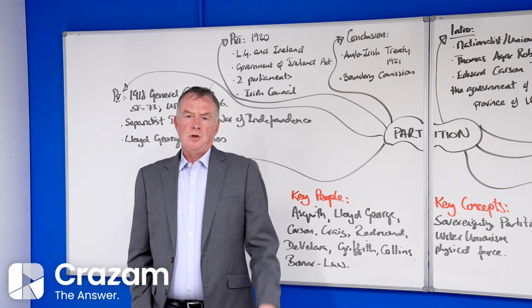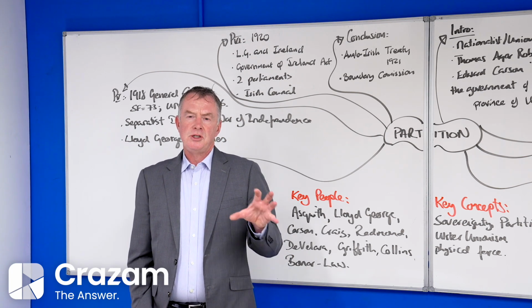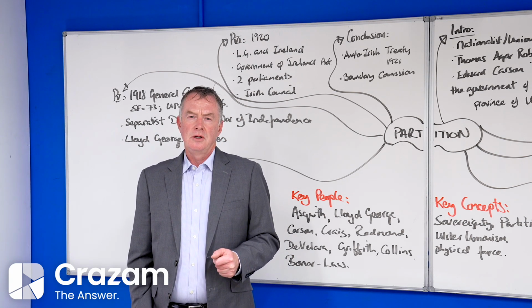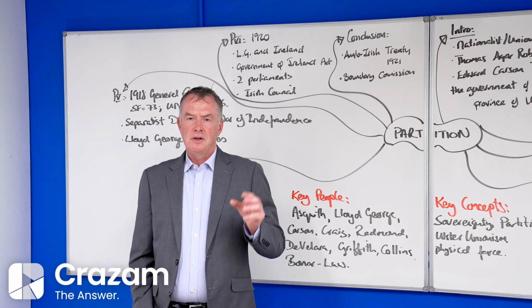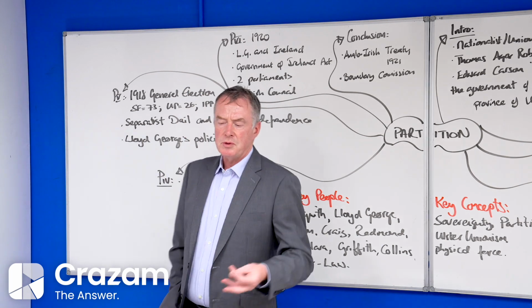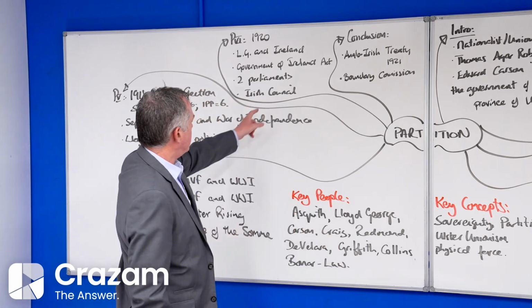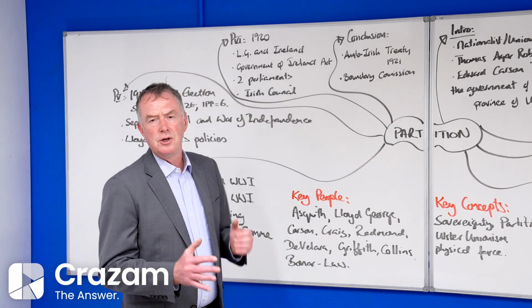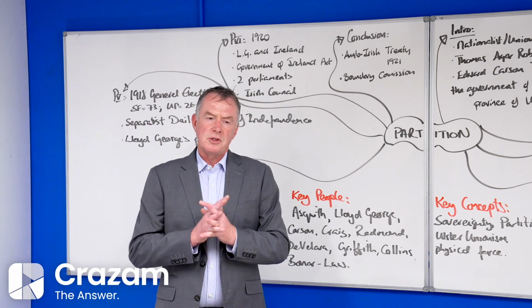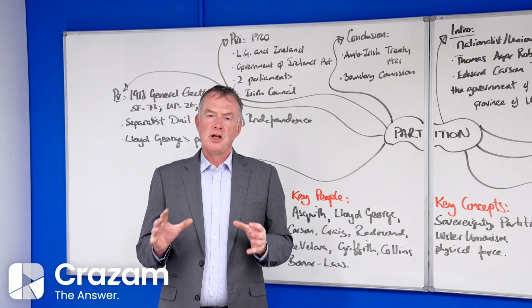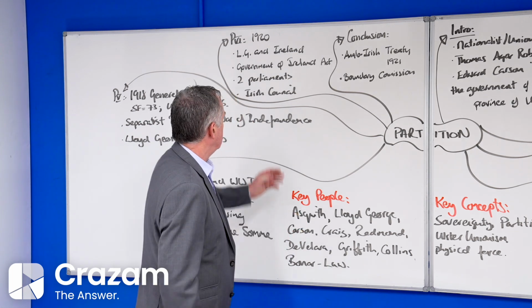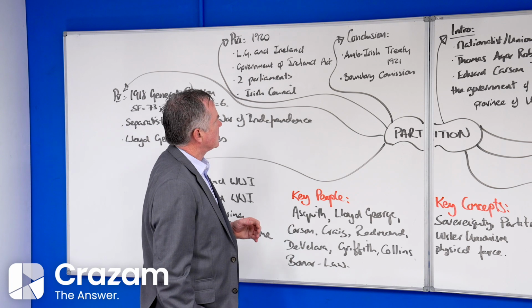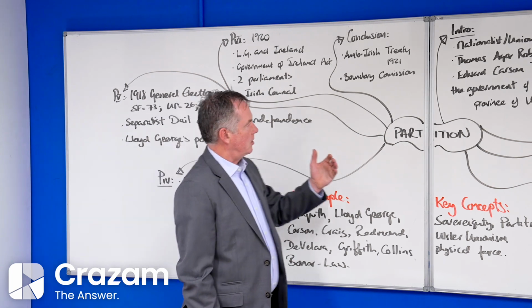It gives home rule to Dublin and a 26 county Ireland, and it gives home rule to Belfast, 6 counties. So it creates 2 parliaments, and it creates also an Irish Council for cooperation between the Northern Parliament and the Southern Parliament. The Act sets that up right at the end of 1920. It's December 23rd, 1920 that this happens.